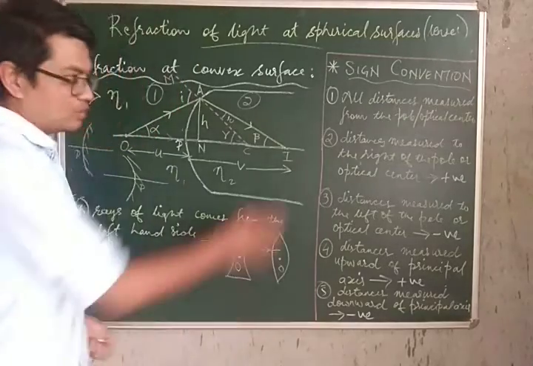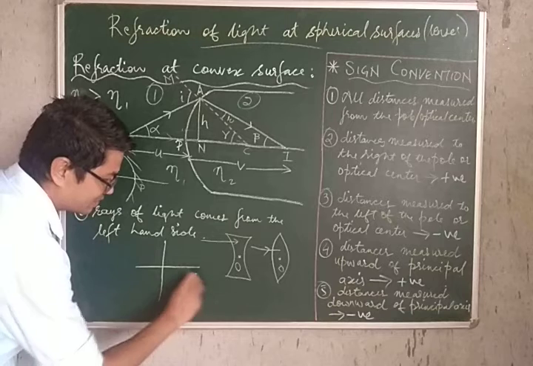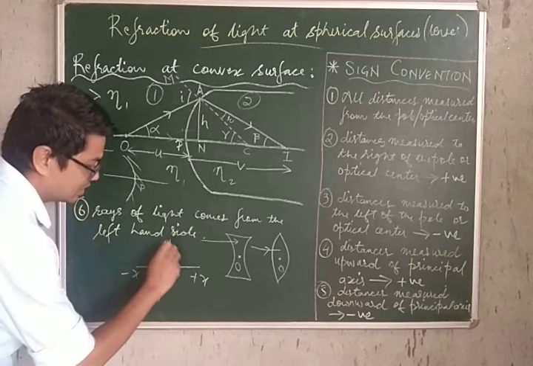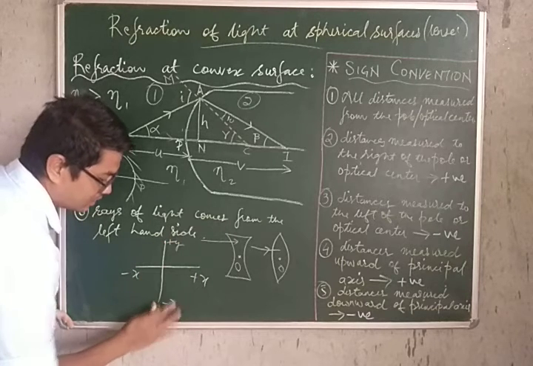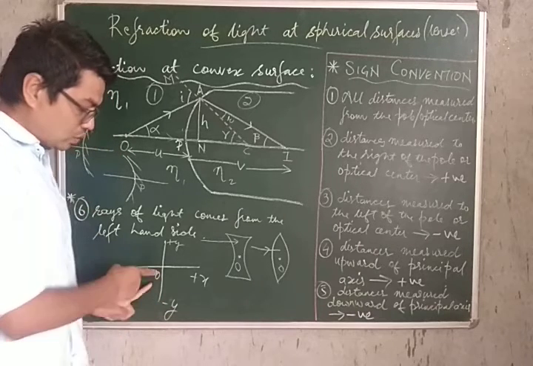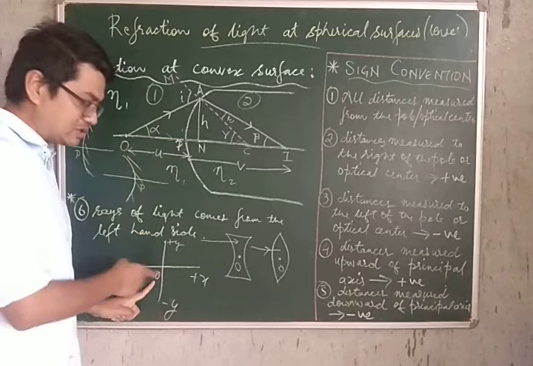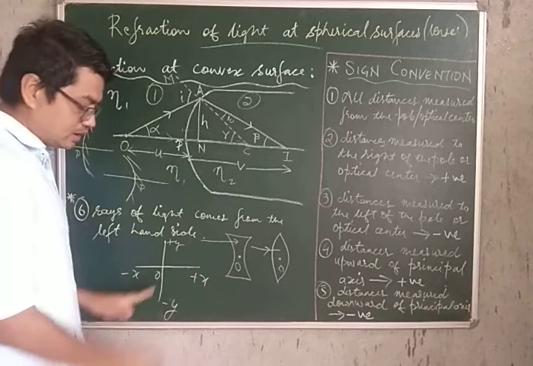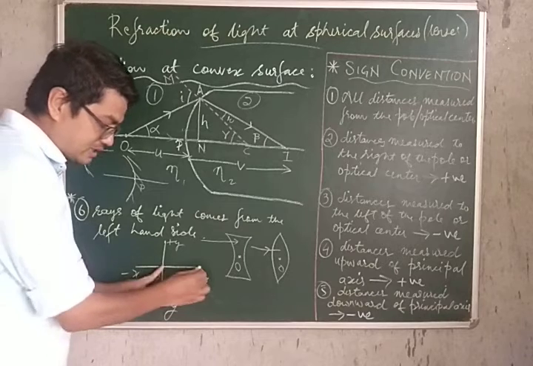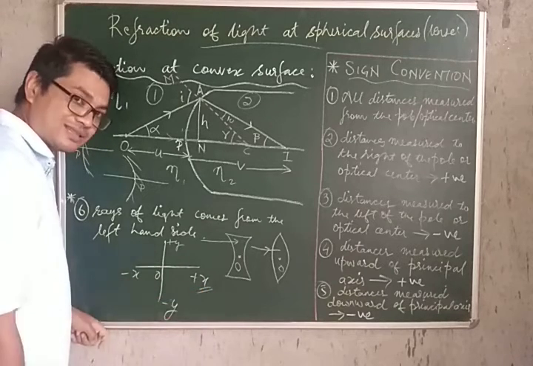Now to help you remember this, you only need to remember the x and the y axis. This is the positive x axis, negative x axis, positive y axis, negative y axis, and O is your origin. You can take O to be the pole of the spherical surface, or the optical center. All distances to the right of the origin are positive, since they fall on the positive x-axis side.